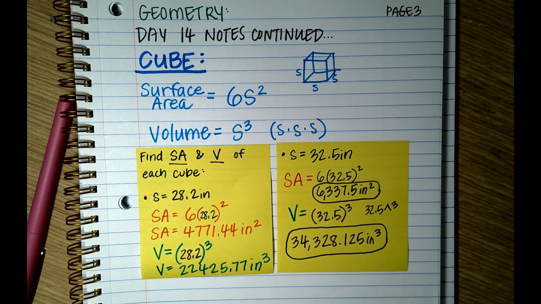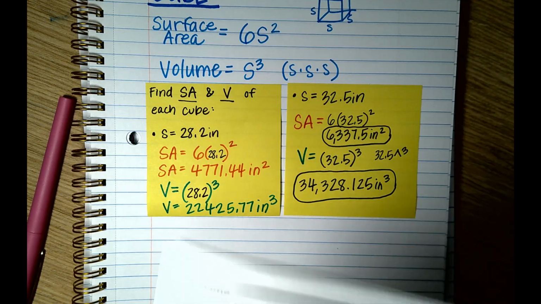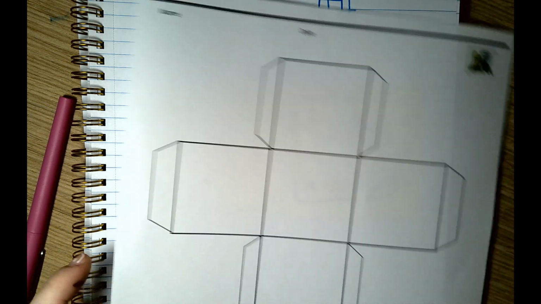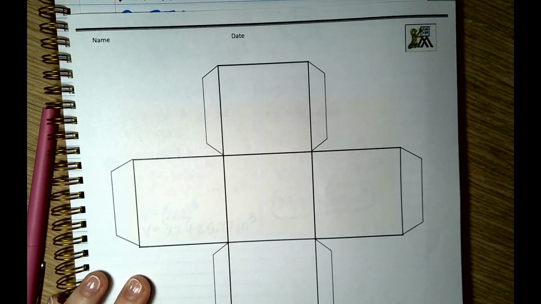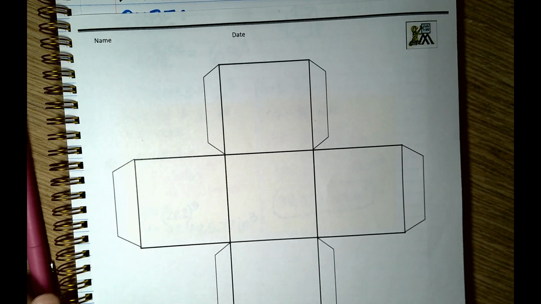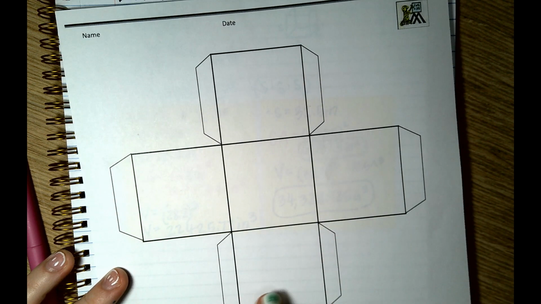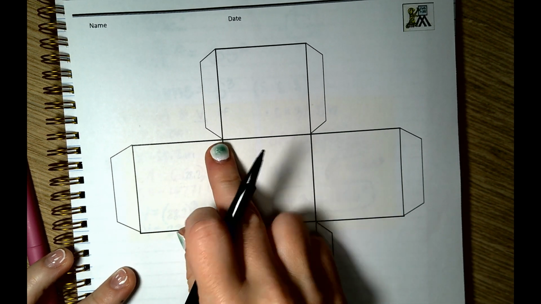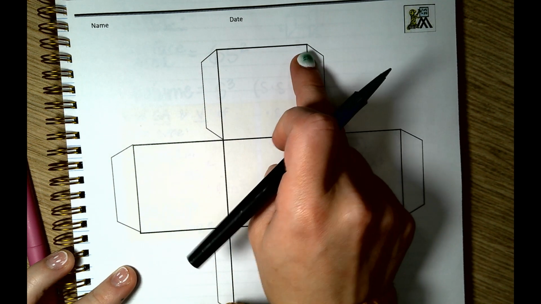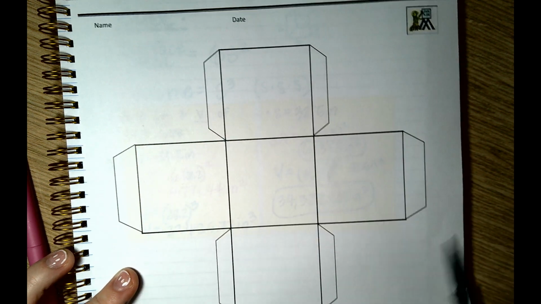Let me pause this. So each of you should have one of these, and I'm going to write some directions right on here. Because this is a cube, you should be able to just pick one random line, and all of these lines should be the same length.